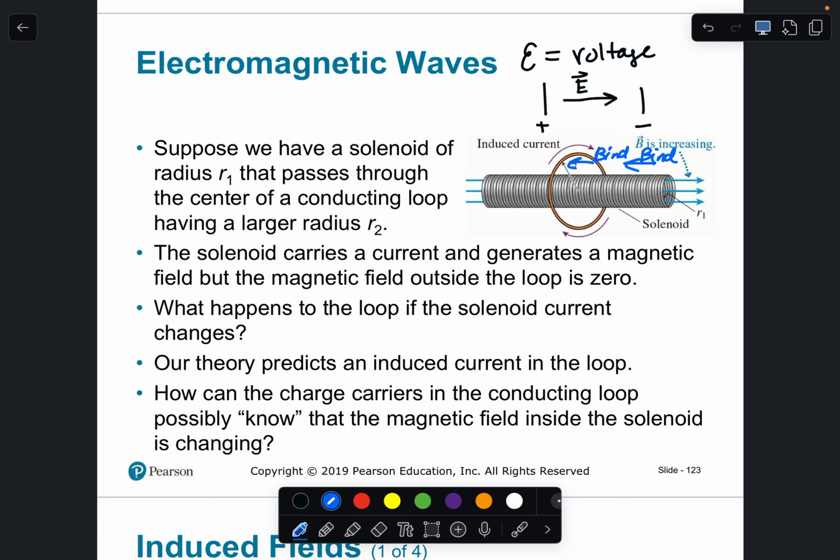So, okay, we got this induced current, but if you remember back from circuits, what causes an induced current? What causes a current? A voltage, right? Voltages from batteries, from power supplies cause currents. Well, what about the voltage is making the protons flow, right? The positive charges.